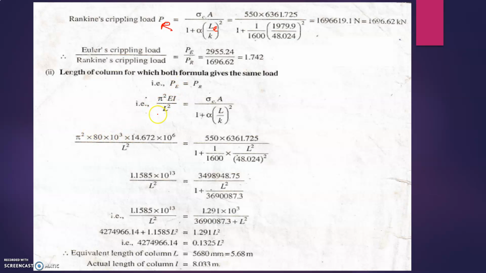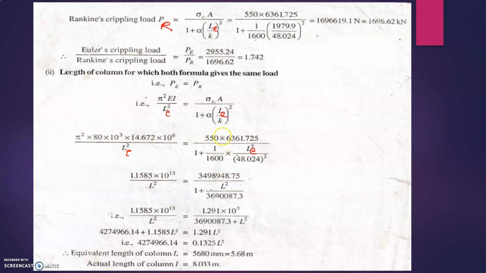Pi square, E is 80 into 10 raised to 3, into I is 14.672 into 10 raised to 6, L square. This L is L effective, in all the formulae.